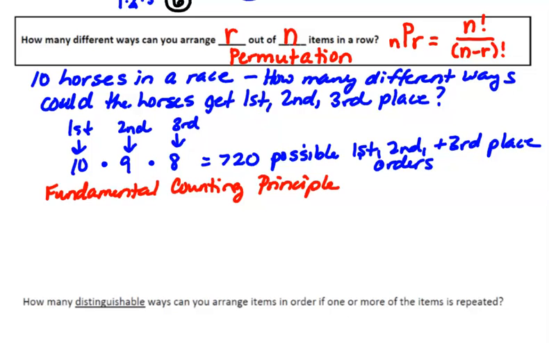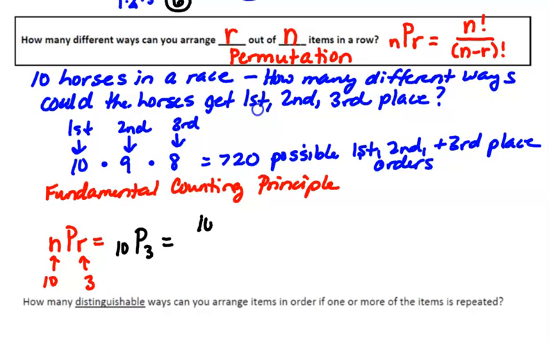So let's apply this to our horses. For our horses, if we do nPr, the n is going to be the 10 horses, and the r is the 3 horses that I'm picking for first, second, and third place. So I would write 10P3.